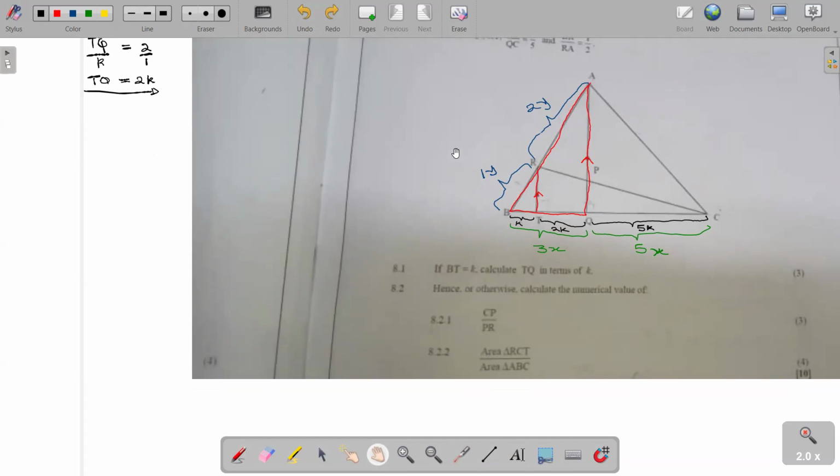So for that one, we are now going to come to this particular triangle, which is now in blue. If we check, this side is parallel to this side. It's given. We are now concentrating on the triangle that is in blue. So we go to 8.2.